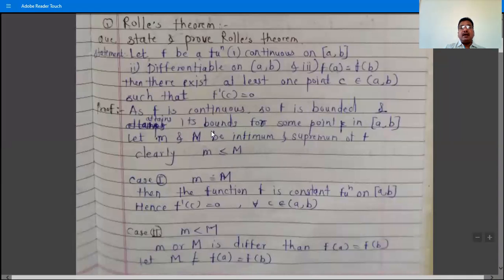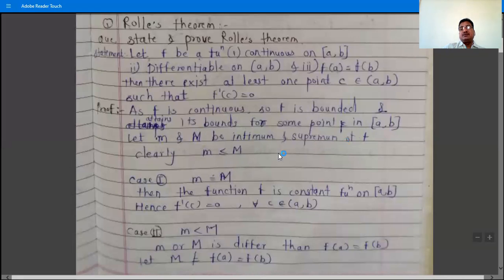Small m and capital M are the infimum and supremum of the function. Then clearly small m is less than or equal to capital M, because the infimum is always less than or equal to the supremum. The infimum and supremum of the function mean the infimum and supremum of the set of images under the function.